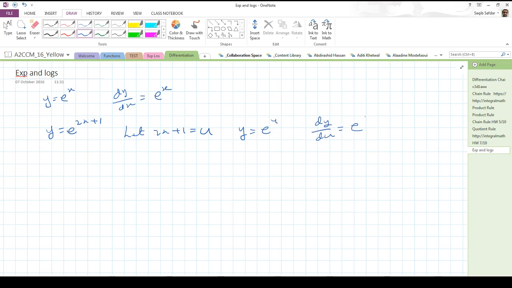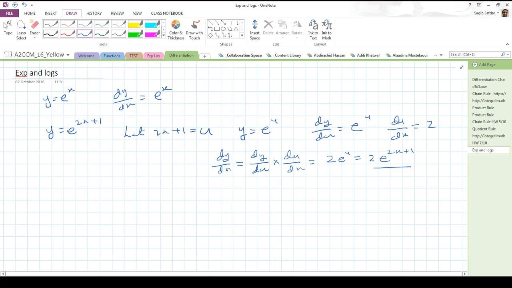E to the u. But the du over dx would be what? U is 2x plus 1, so 2. And therefore, applying the chain rule, where dy over dx equals dy over du times du over dx, gives me 2e to the u, which is 2e to the 2x plus 1.